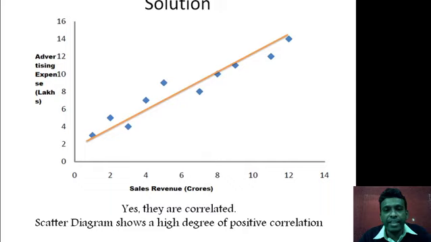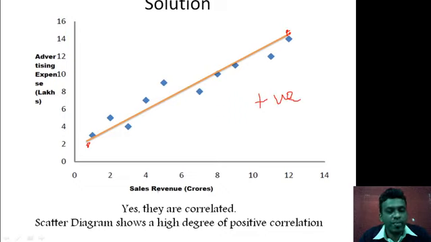So this line is your approximate value. Clearly you can see that the values are moving from the left bottom to the right top. So we have positive correlation.